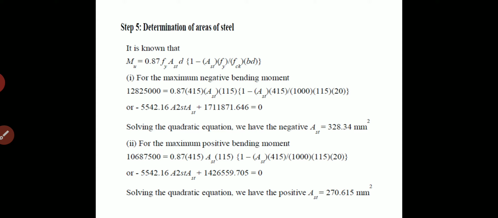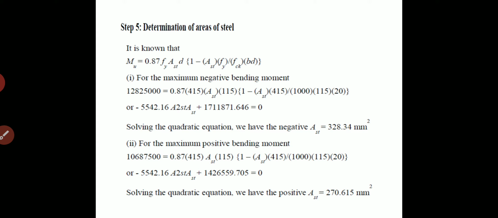For the maximum negative bending moment, we provide these values, and finally this is the equation: minus 5542.16 AST plus AST squared plus 1711871.646 equal to 0.